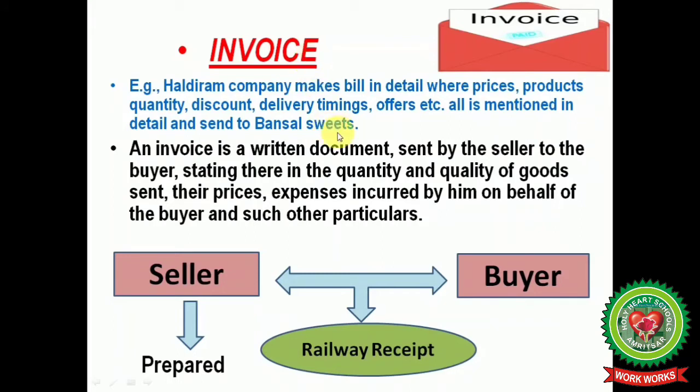Means a proper detail of the order is written, and at that time we will write that the order is dispatched. So an invoice is a written document sent by the seller to the buyer stating the quantity and quality of goods sent, their prices, expenses incurred by him on behalf of the buyer, and other such particulars. All are written in an invoice.